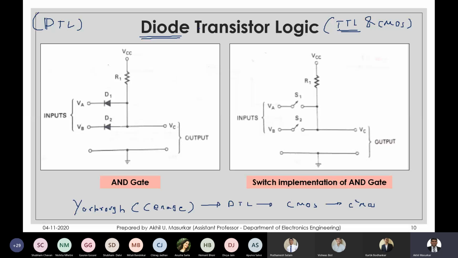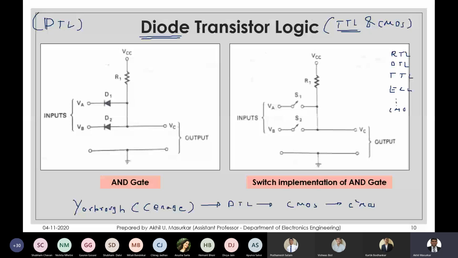In the first part of study, that is of TTL, we are going to see diode transistor logics. I told you that last time we have seen different kinds of logics. So we saw RTL, DTL, TTL, ECL, and so on.